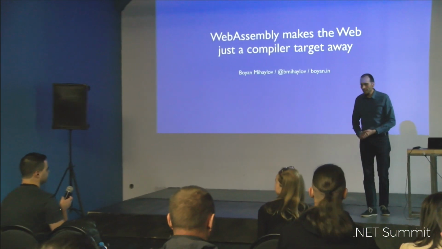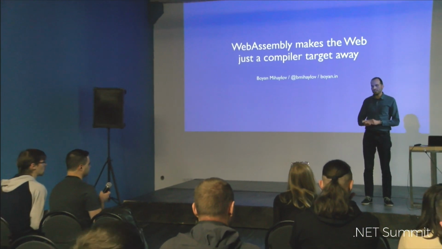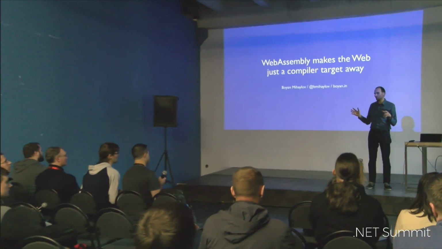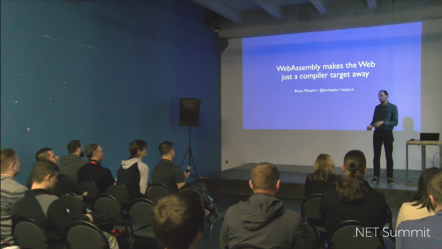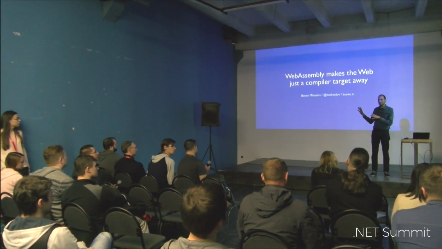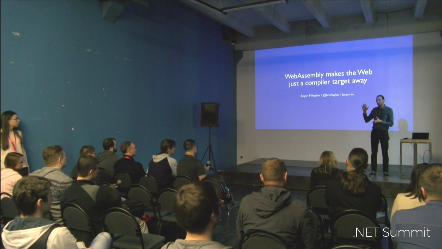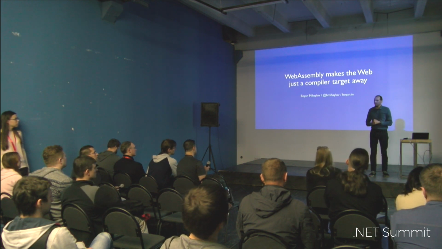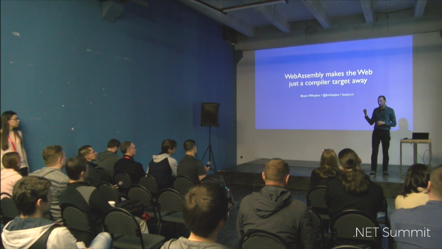Yes, a good question. What I didn't say is that the main representation of WebAssembly is a binary format, but WebAssembly comes also with a textual format, which is exactly the same thing, exactly the same instructions, but it's a human readable thing. And one of the options is to use the textual format.